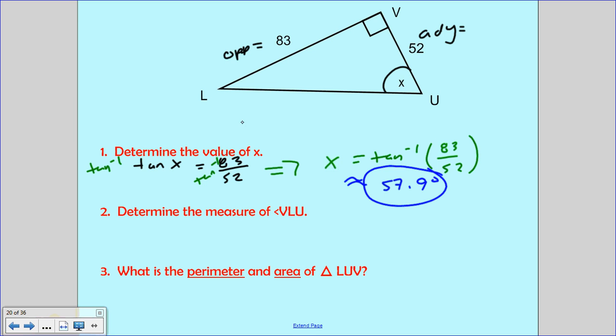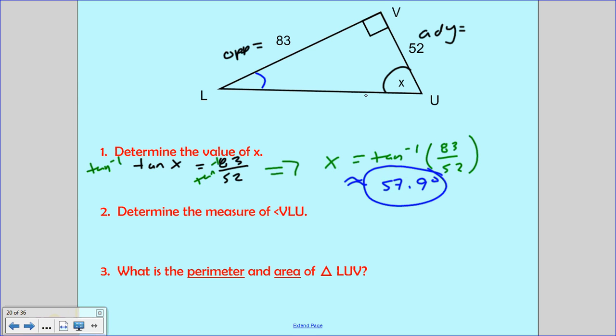Now you got to determine the measure of VLU, which is this missing angle here at corner L. You can do it the same way I did it in the previous example. So I'm going to leave that to you to finish. And then it wants to know what is the perimeter of this triangle and the area of this triangle.